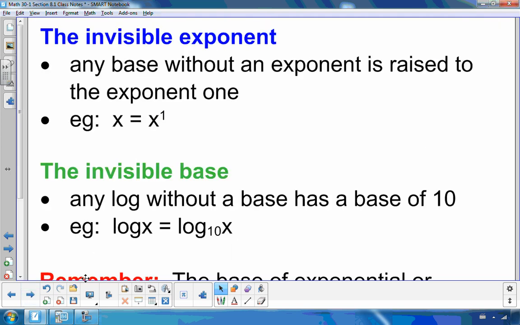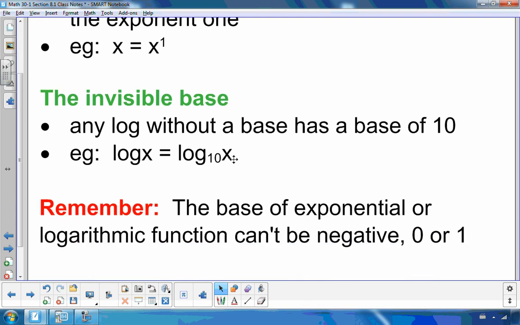Okay, a couple things I want to note. When we talked about in chapter 7, if we had an invisible exponent, in other words, a base without an exponent, it always had an invisible exponent of 1. Well, logs have something similar. Logs have an invisible base though. So if it's just a log, that's called a common log. It's actually an invisible base of 10.